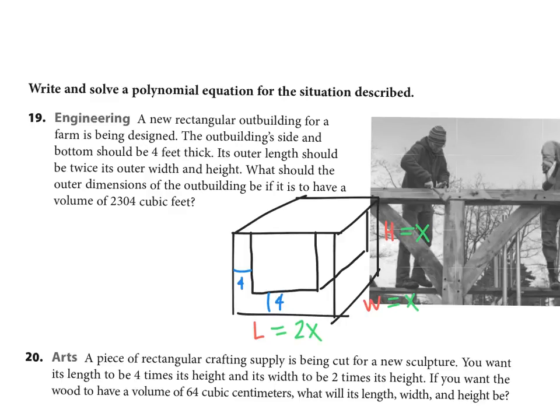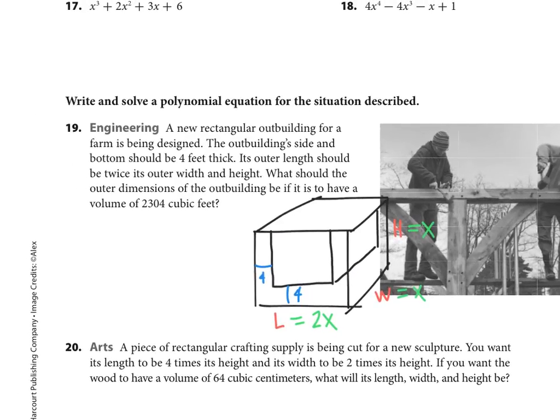On the outside. But volume, what do we say volume measured? The inside, how much the inside part holds. So we've got to figure out how long the inside pieces are. If I only want the inside piece, is that piece going to be 2X? No, the outside piece is 2X.